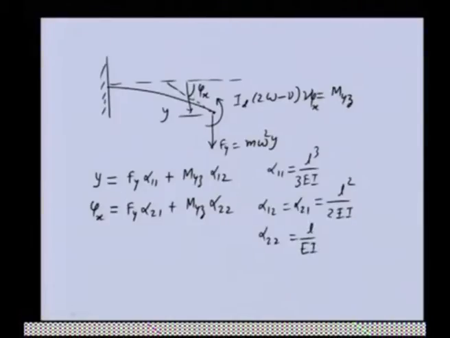So these influence coefficients are for the cantilever beam, in which the direction of the force is this one and moment is clockwise. So these have been derived based on this sign convention.